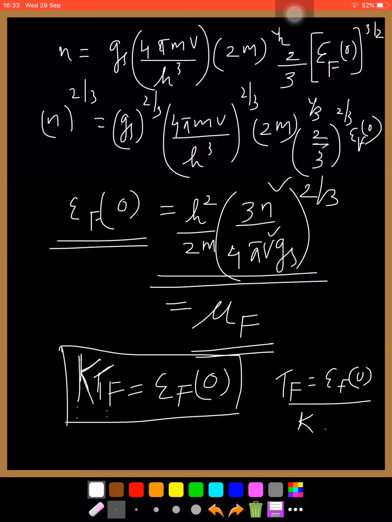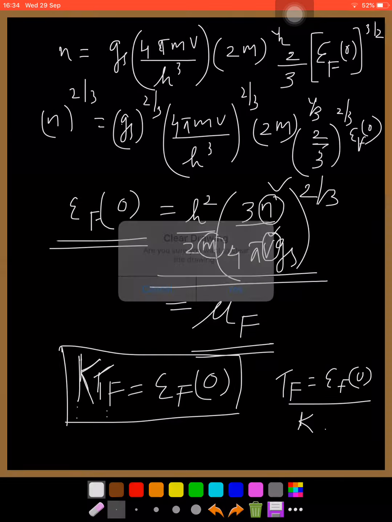And that means EF0 is not zero even at absolute zero. നമ്മൾ കണ്ടക്ഷൻ ഇലക്ട്രോണിൻ്റെ കേസിൽ N-ൻ്റെ വാല്യൂ, അതുപോലെ V കണ്ടക്ഷൻ ഇലക്ട്രോണിൻ്റെ വോളിയം, മാസ്, ഈ കോൺസ്റ്റൻസ് ഒക്കെ സബ്സ്റ്റിറ്റ്യൂട്ട് ചെയ്താൽ വിൽ ബി ഗെറ്റിംഗ് a value which is not equal to 0. അപ്പോൾ absolute 0യിലും എനർജി കാൽക്കുലേറ്റ് ചെയ്താൽ not equal to 0 for Fermi Dirac gas.